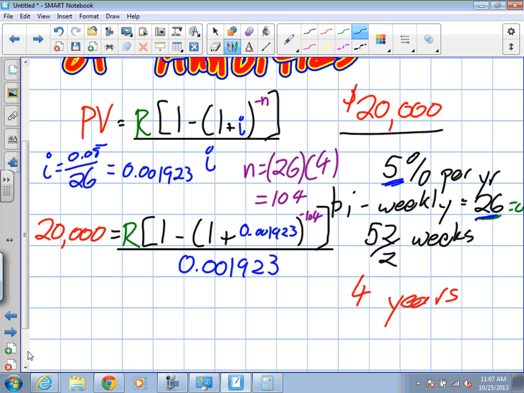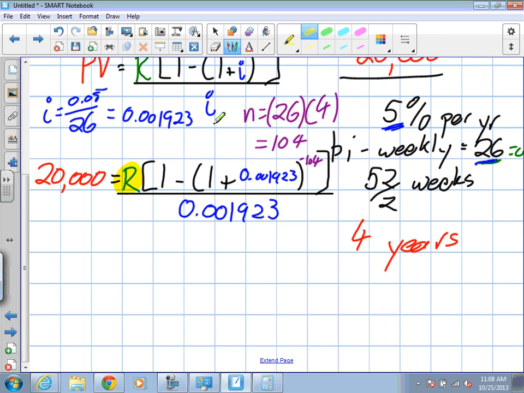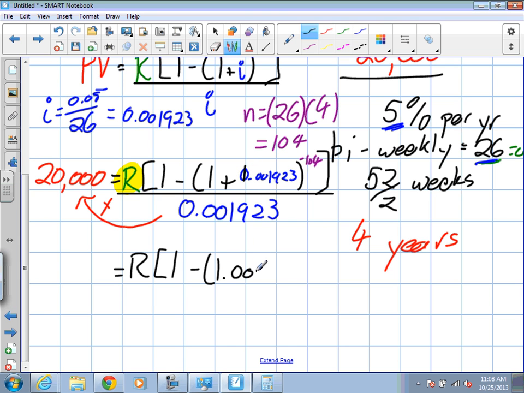So, the first thing we need to do is isolate for R. We want to move the bottom of our fraction. It was the exact same thing we did with future value. And to move it, because it's division, we multiply. The right side is still just the top of the fraction, which reads R times 1 minus 1.001923 to the power of negative 104.